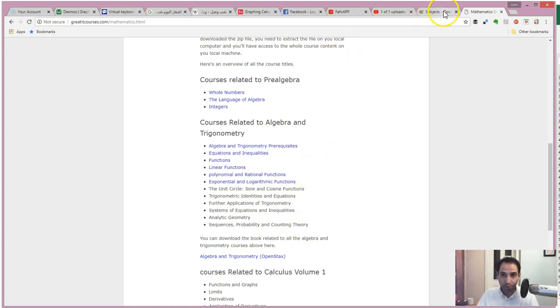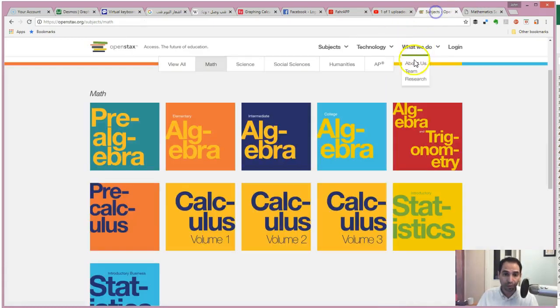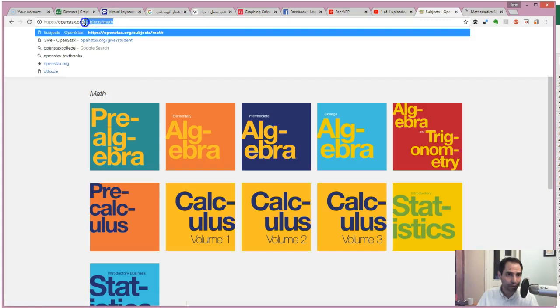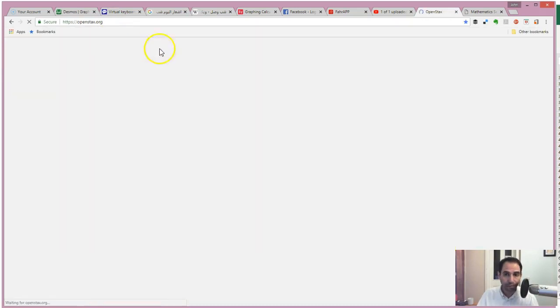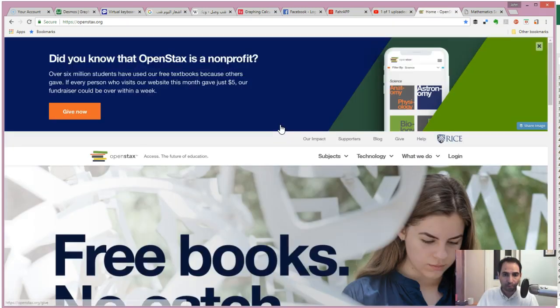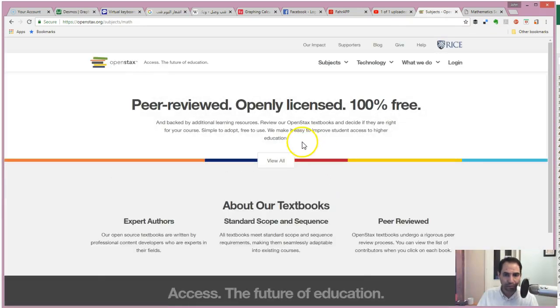And about the course book, of course you need the course book related to this book, and you can download it from openstax.org. You can go to openstax.org, and under subjects, go to math.